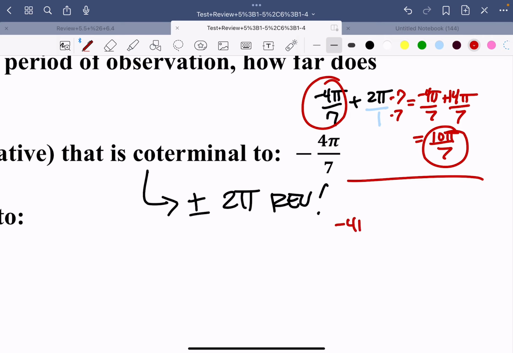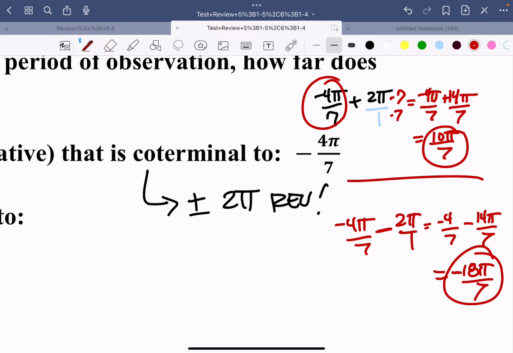Or I could take my angle, and instead of adding, I could subtract a wasted revolution. Right? But we just said that 2 pi is the same as 14 pi over 7. So you're going to get negative 18 pi over 7 is something that is coterminal to the original.